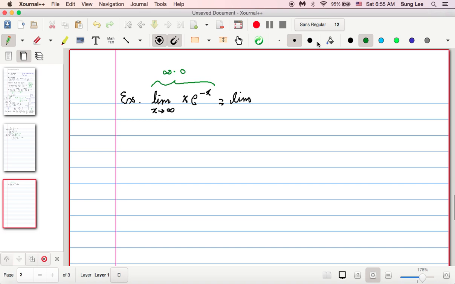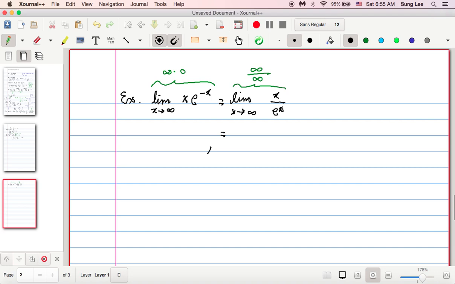So we write this as a limit, x goes to infinity, x over e to the x. Then what happens? This guy here is infinity over infinity type, indeterminate form. So this is where you can apply L'Hopital's rule, right?